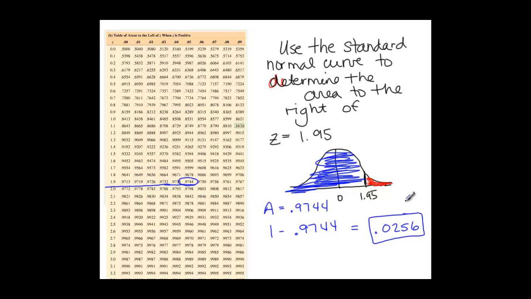So the area to the right of the z-score would be 0.0256. Had you been asked for the percent of data under the curve, we'd multiply that by 100, which would give me 2.56%. But this particular problem asked for the area and not the percent.